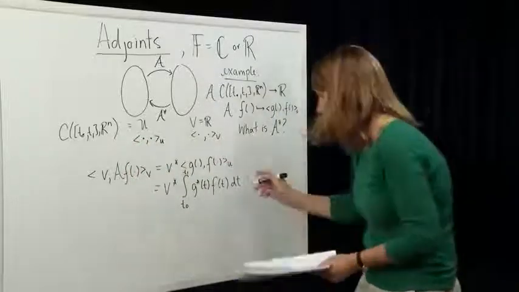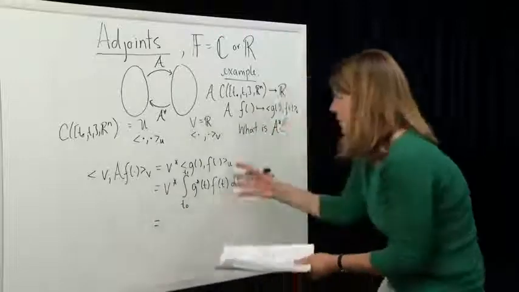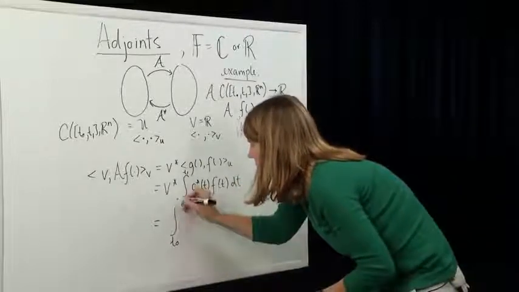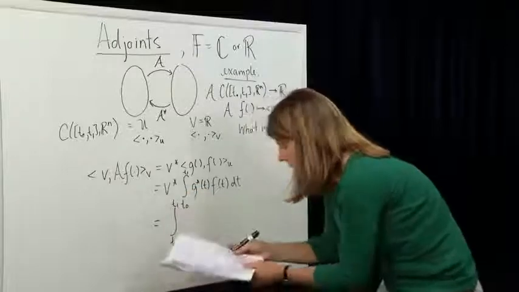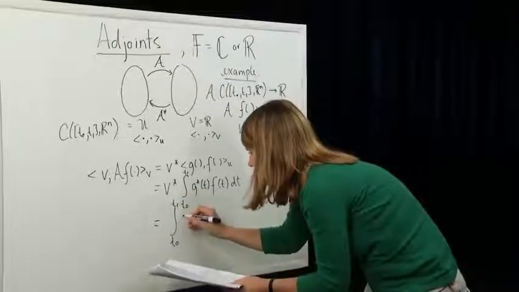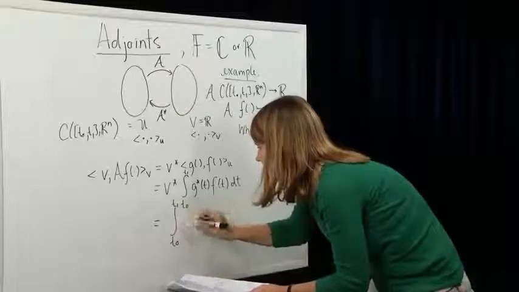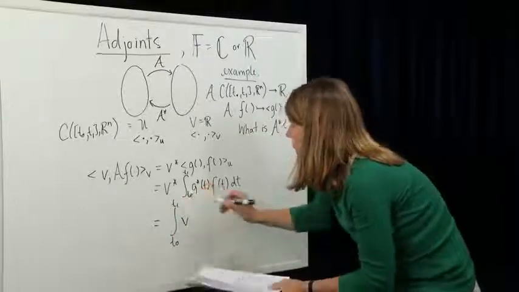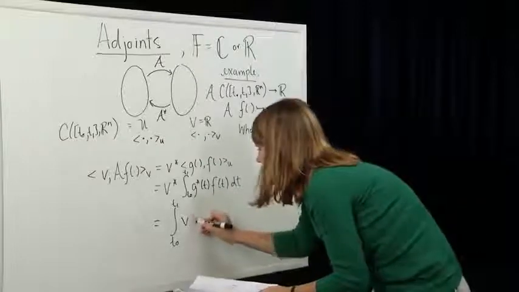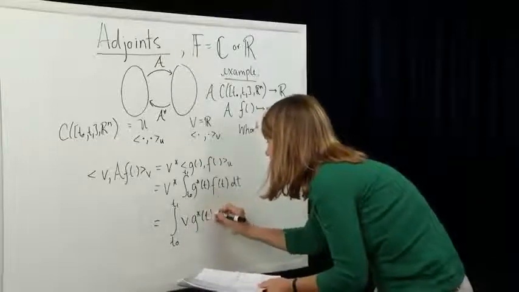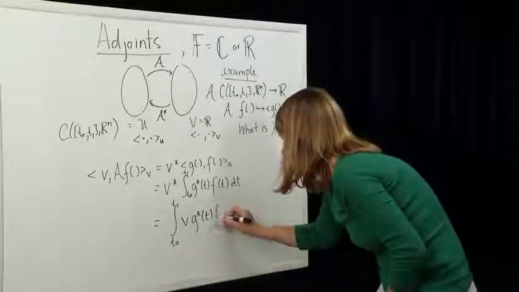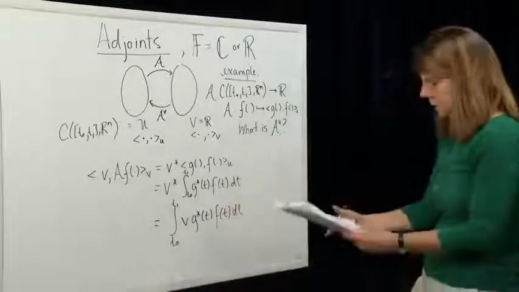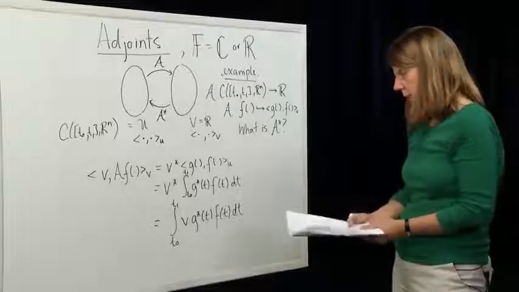So here we can rewrite that now. Now this is just algebra here. I'm going to bring V inside the integral sign, t0 to t1 of V g star of t, f of t dt. Again, that's just the standard pointwise inner product.